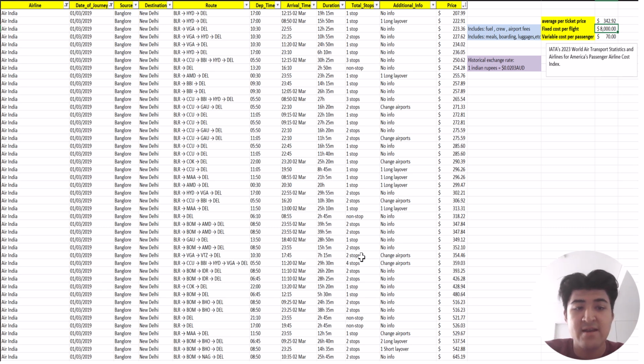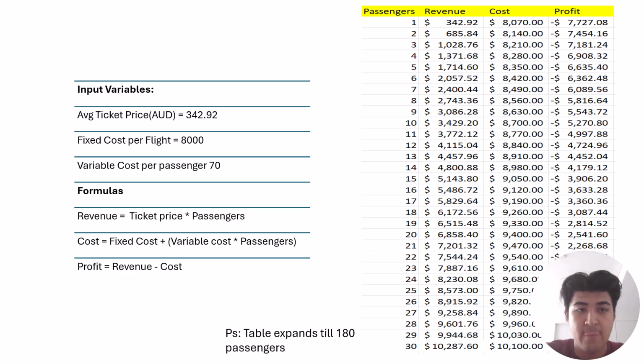Now that I had both revenue and cost inputs, it was time to build a model. Using Excel, I created a dynamic table that calculates the following for every possible passenger count from 0 to 180.